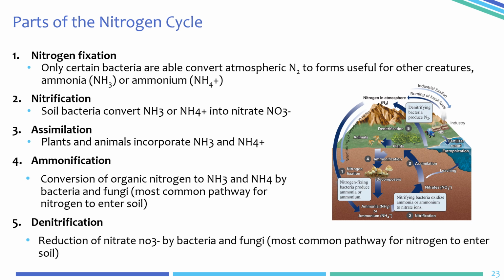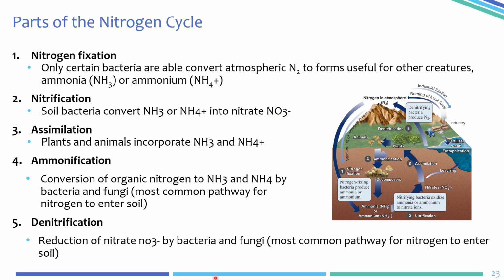Rather than going through this whole cycle, I'm going to go ahead and let you read through it, write down the important steps, and just generally walk yourself through this cycle. I don't expect you to know every single intermediate step, but you do need to know that we start with nitrogen gas and it has to be converted into ammonia and then into nitrates.